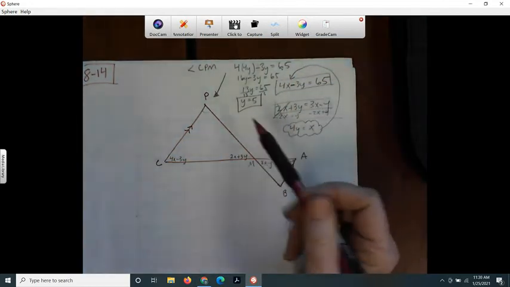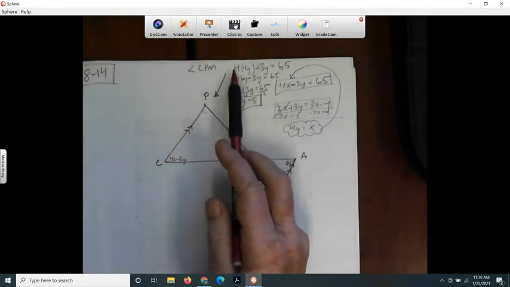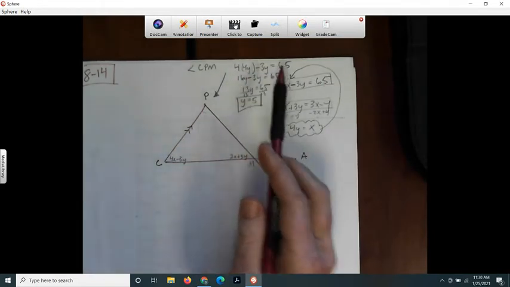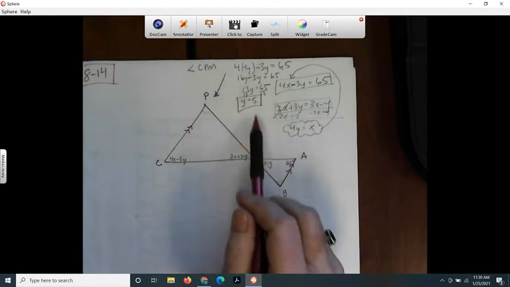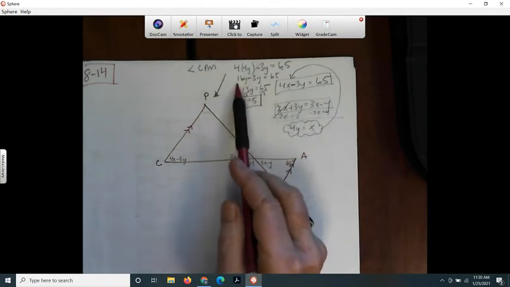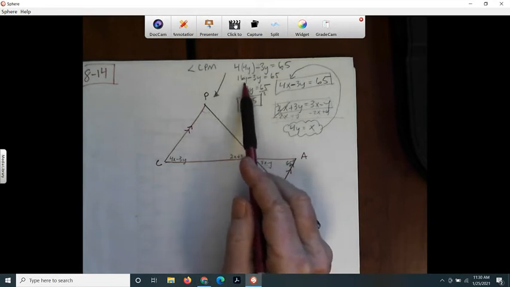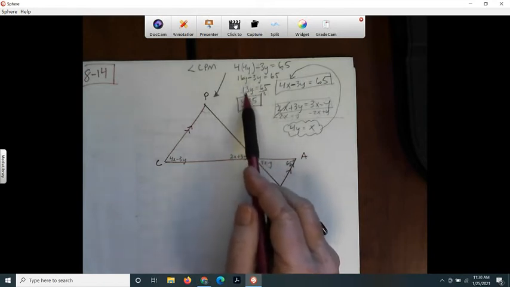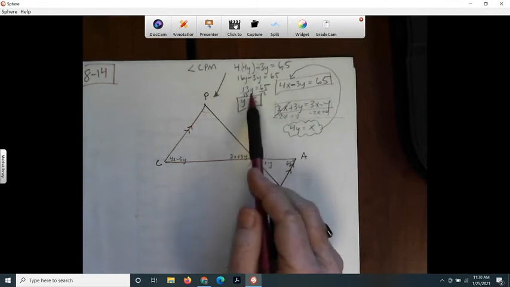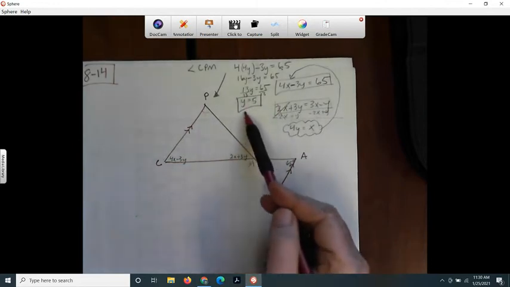And that's what I did. So I wrote 4x minus 3y equals 65, but instead of x, I wrote a 4y in there, and I distributed. And then I ended up with 16y minus 3y, that was 13y. And then I solved, and I found out that y was 5.